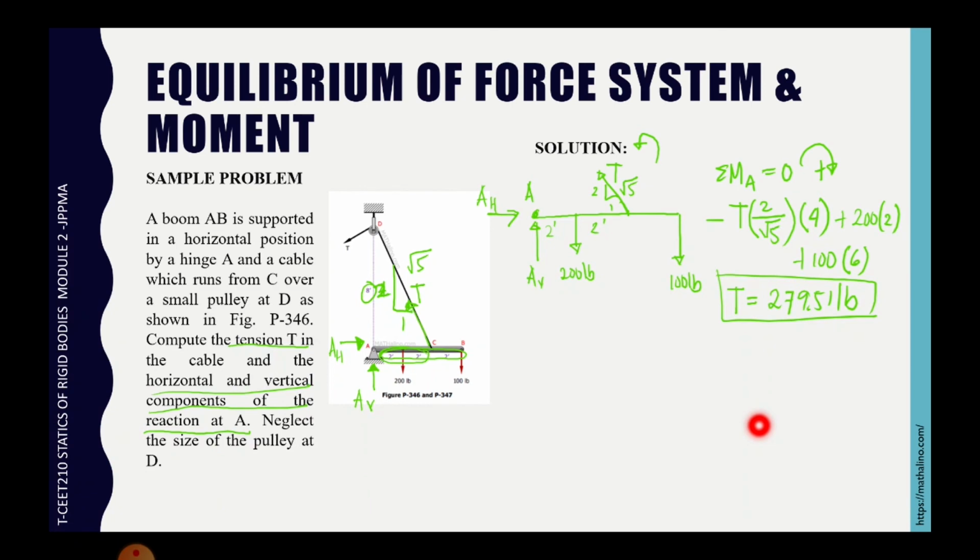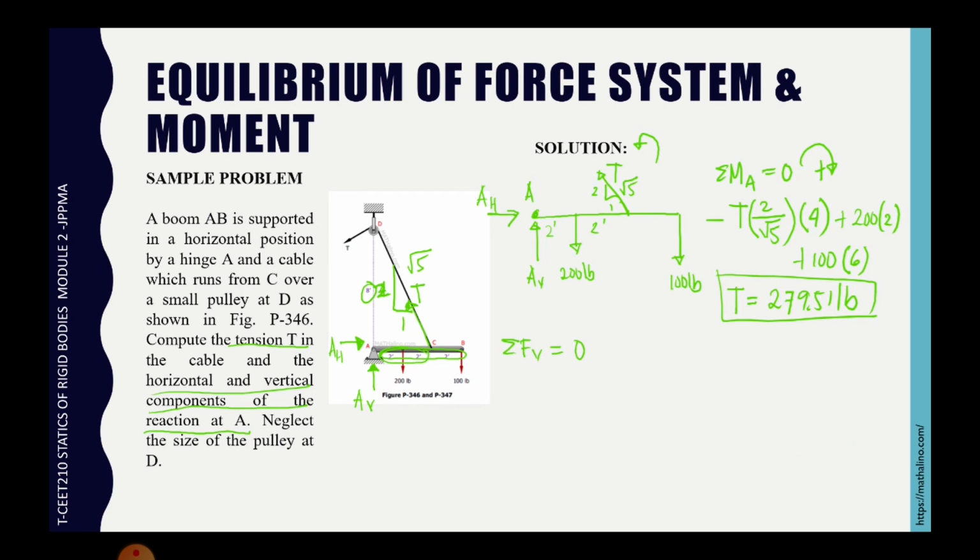Ayan. And for the reactions, gagamit tayo ng summation of forces vertical and summation of forces horizontally. So, summation of forces vertical is equal to 0. So, lahat ng forces na to, wala na tong distance kasi yung moment is distance times force. Pag summation of forces, force lang, yung mismong force lang.